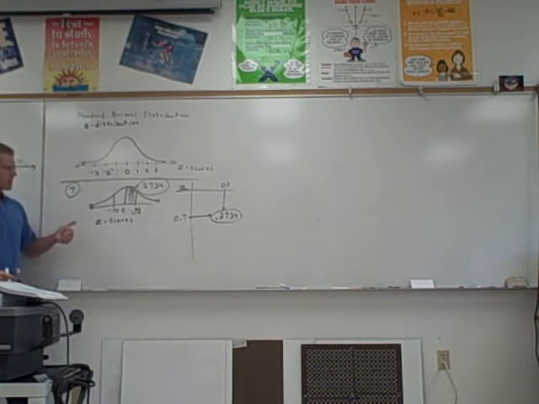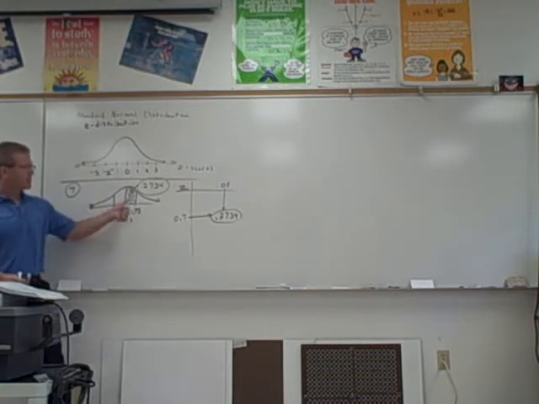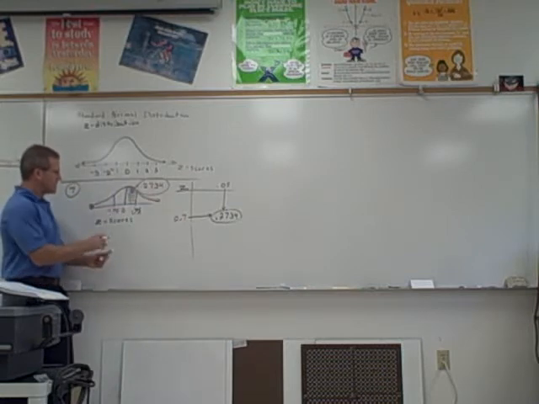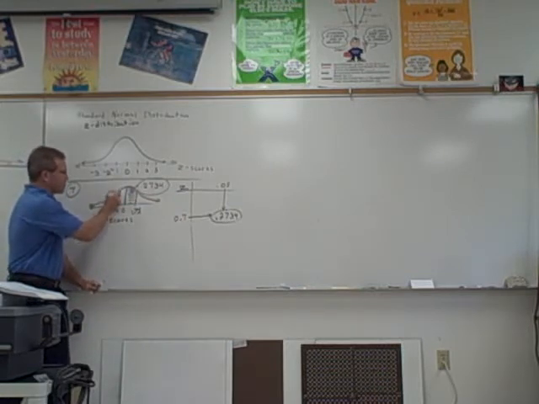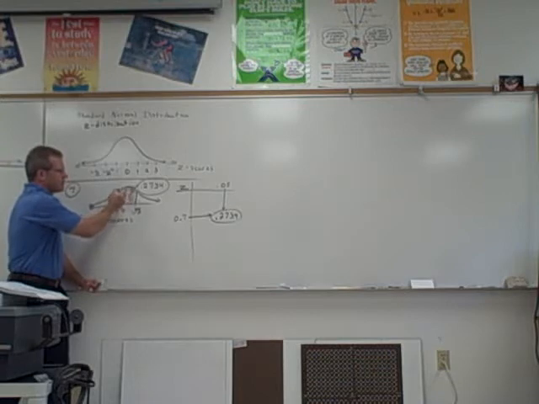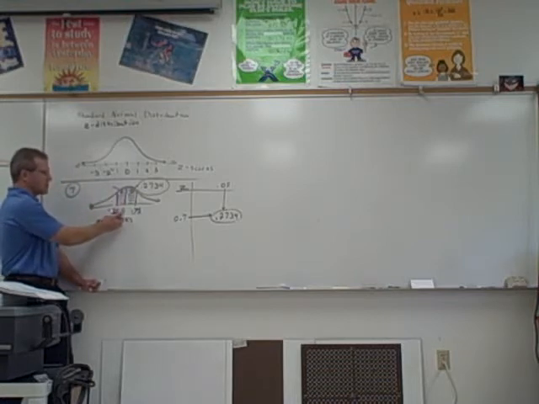So all you do is just look up positive 0.7 and positive 0.05, and you get 0.2734. But then, I don't have this drawn very accurately, but then you know that the chart's symmetric. So whatever area is to the right of 0, between 0 and 0.75, that same area will be over here. So the area between 0 and negative 0.75 would also be 0.2734.